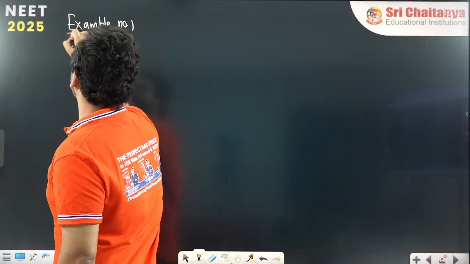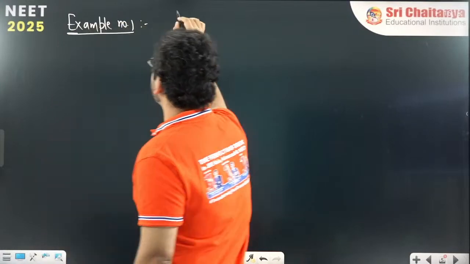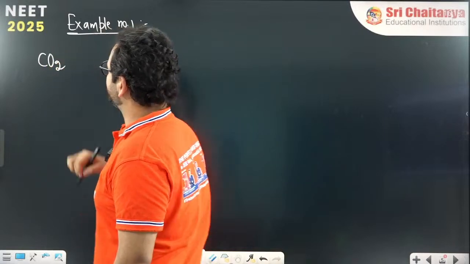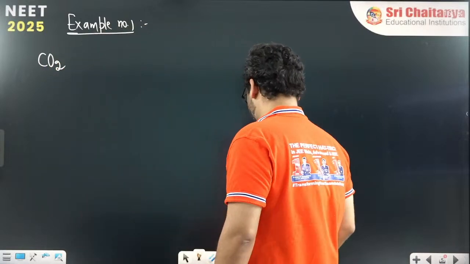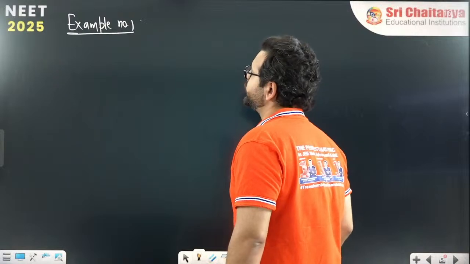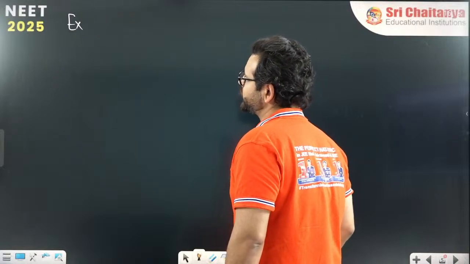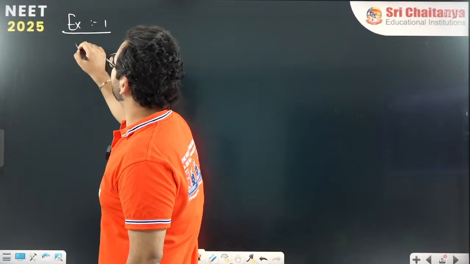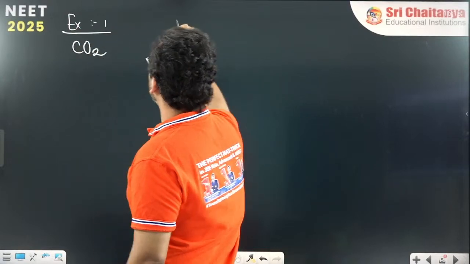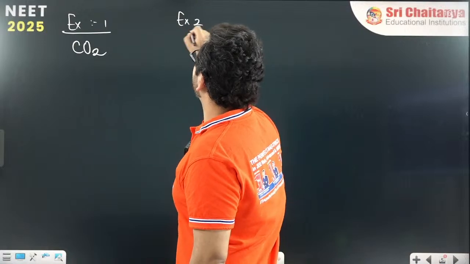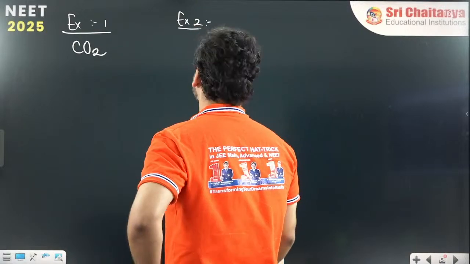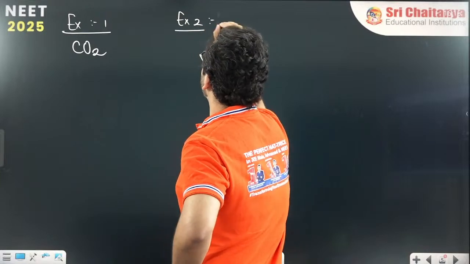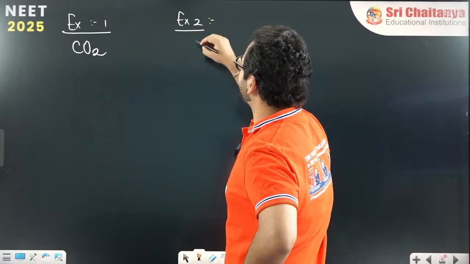Example number 1. Let us take the example of carbon dioxide, CO2. First example I will take carbon dioxide. After this, second example I will take the one containing hydrogen, which will be CH4.